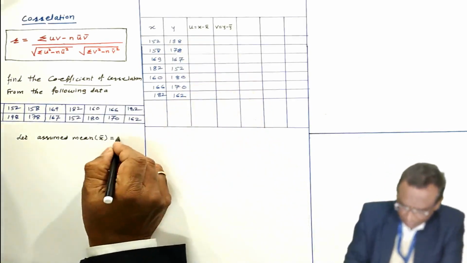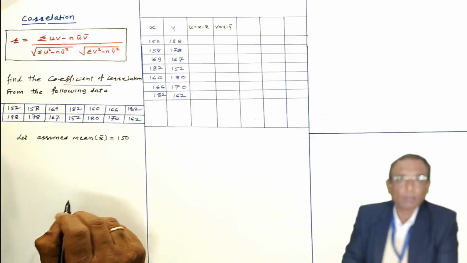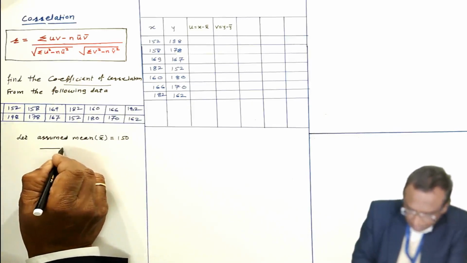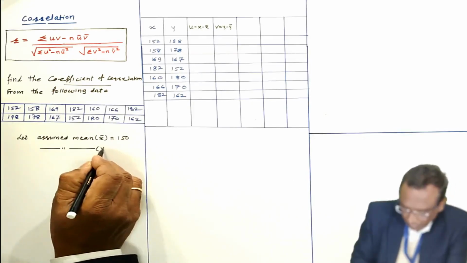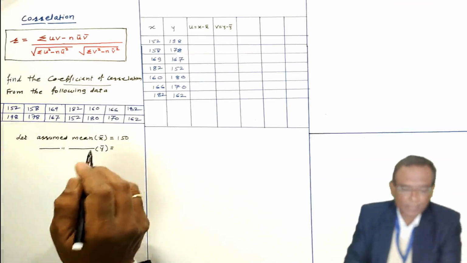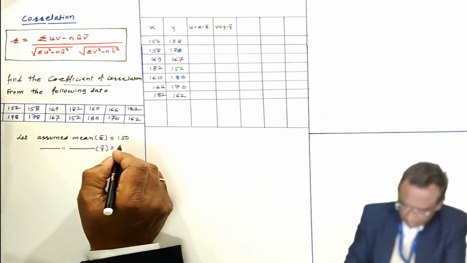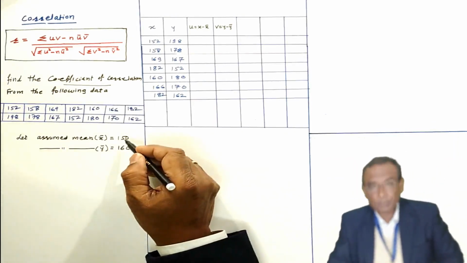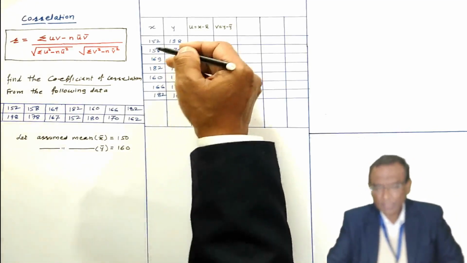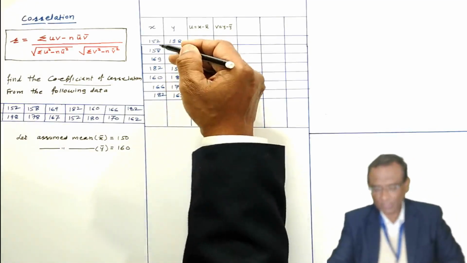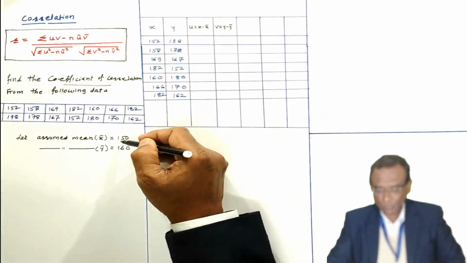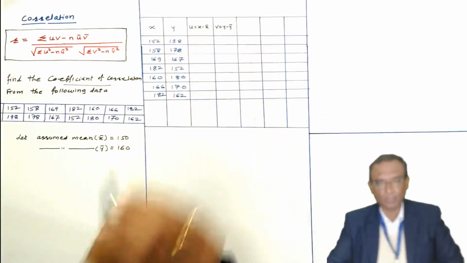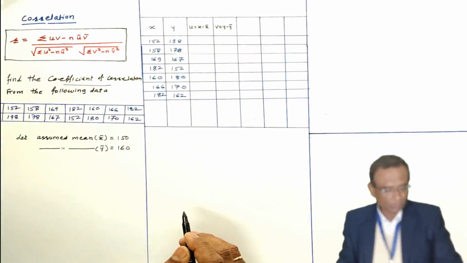So here I am taking 150 as the assumed mean of x, and for the assumed mean of y, I am taking 160. In place of 150 and 160, you can take any value nearby these numbers. You can take 152 in place of 150, or 160 also. It is your choice, but it should be near these values, to make it more effective.